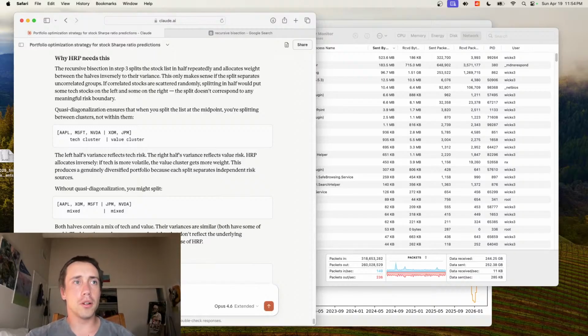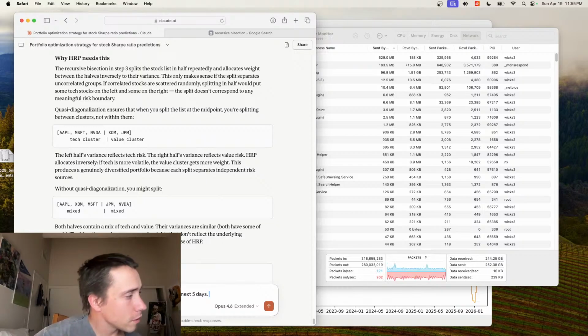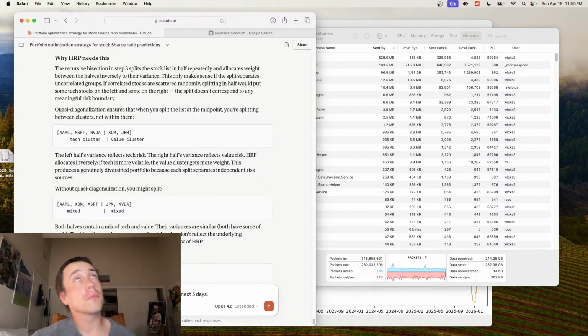I have a model which predicts the Sharpe ratio over the next 5 days. It seems as though hierarchical risk parity does not need the results from my model.